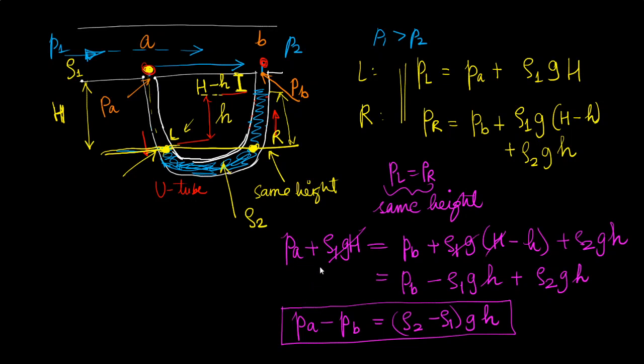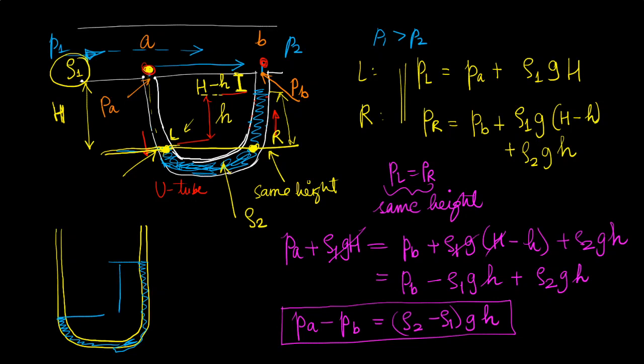There is a small point that students may usually miss out on, which is using the density of the first fluid. If I redraw the U-tube like this, and the level of water is over here, and the level of water is over here, you will simply say that the difference in height gives the difference in density.